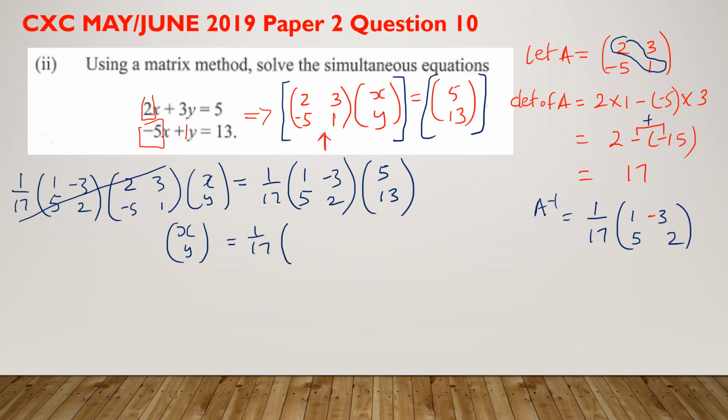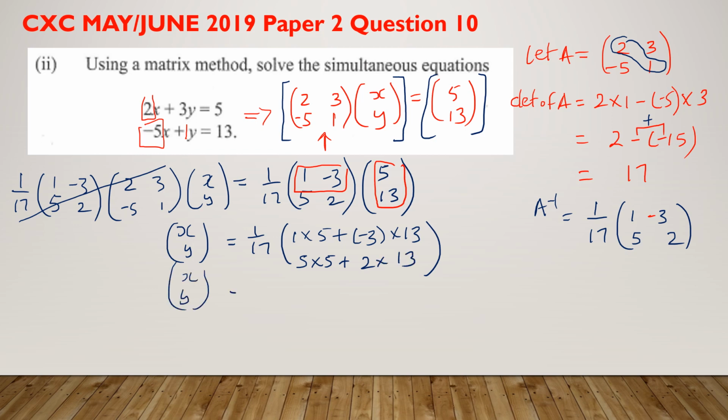And remember, we multiply row by column. So that is going to give us 1 times 5 plus -3 times 13, 5 times 5 plus 2 times 13.